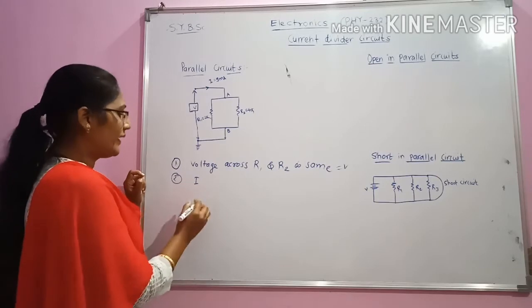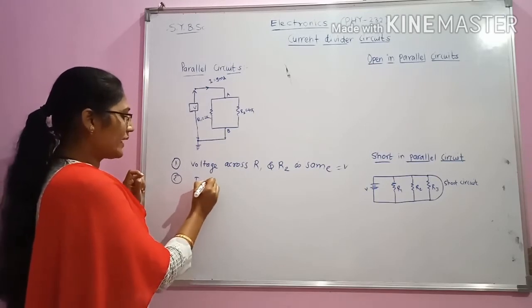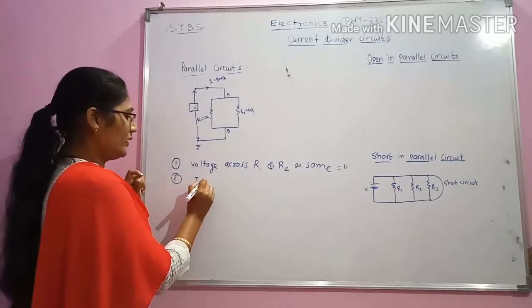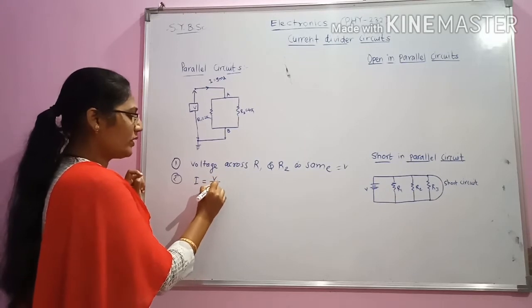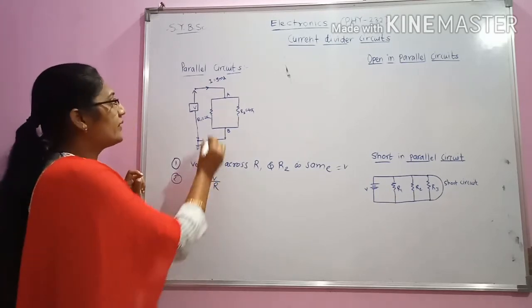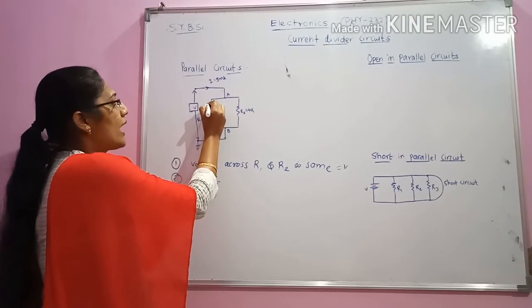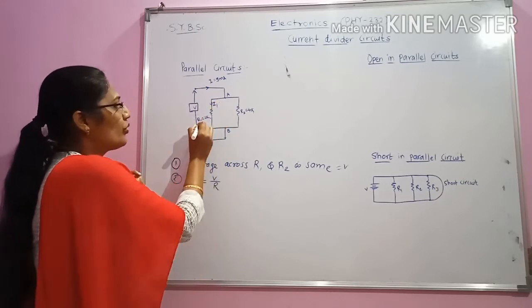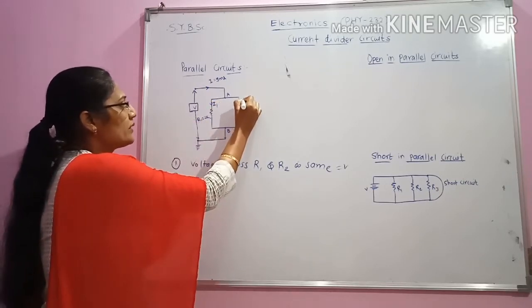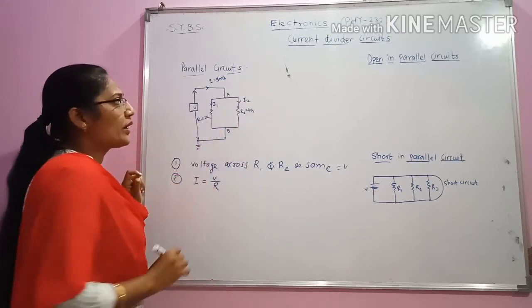We know that current is equal to V upon R, and here I1 is the current flowing through R1 and I2 is the current flowing through R2.